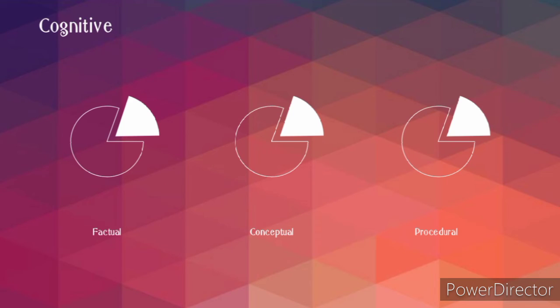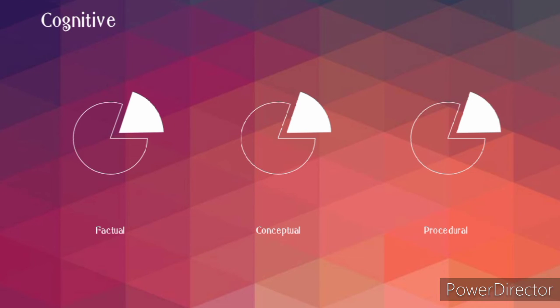We have factual, conceptual, and procedural. Factual are basic elements students must know to be acquainted with a discipline or solve problems. Conceptual are the interrelationships among the basic elements within a larger structure that enable them to function together.